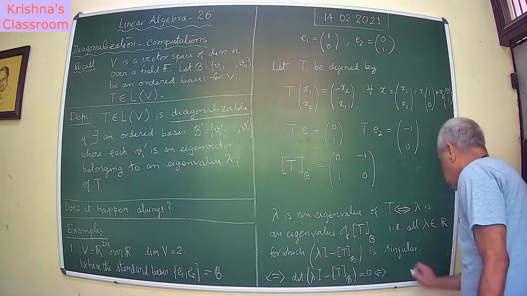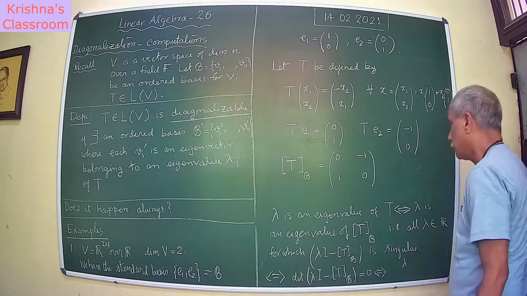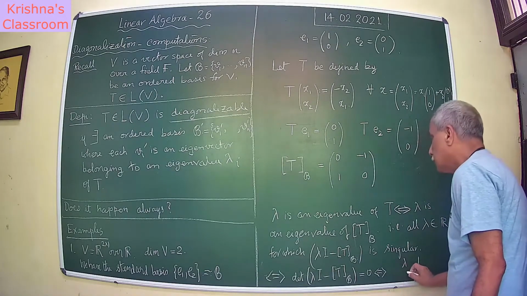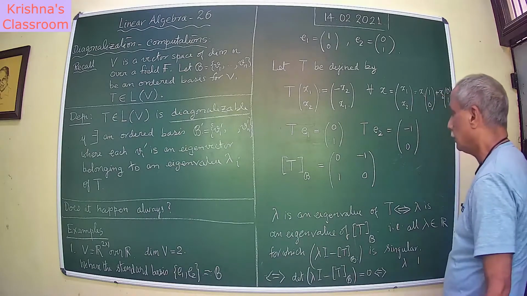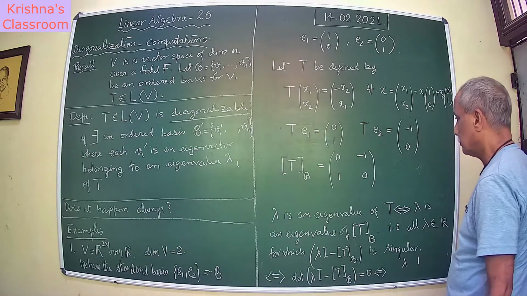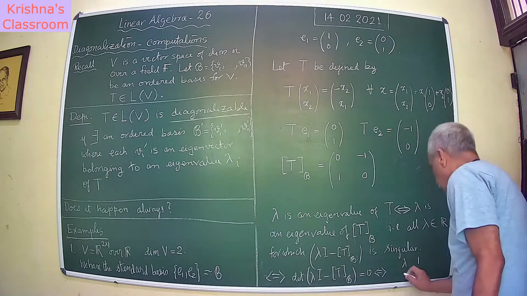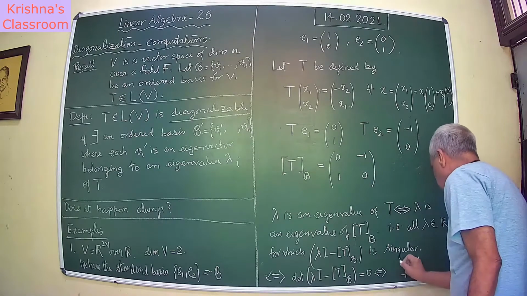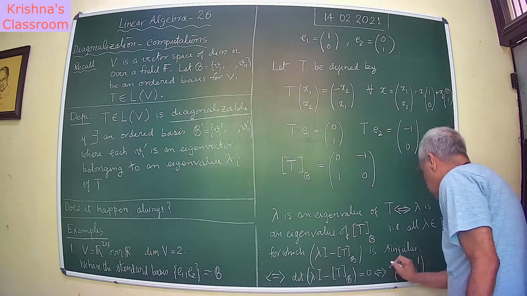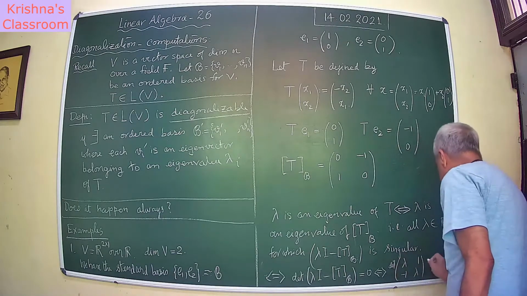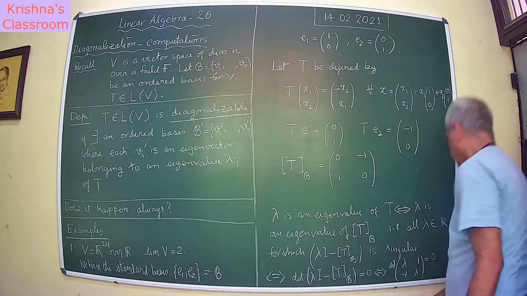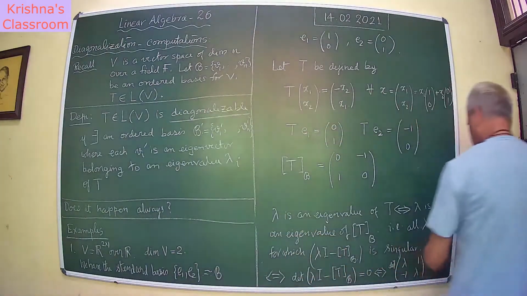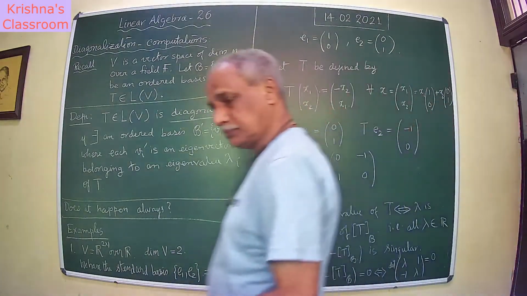This is equal to the matrix lambda, 1, minus 1, lambda. The determinant of this equal to 0, and that happens if lambda square plus 1 equal to 0.